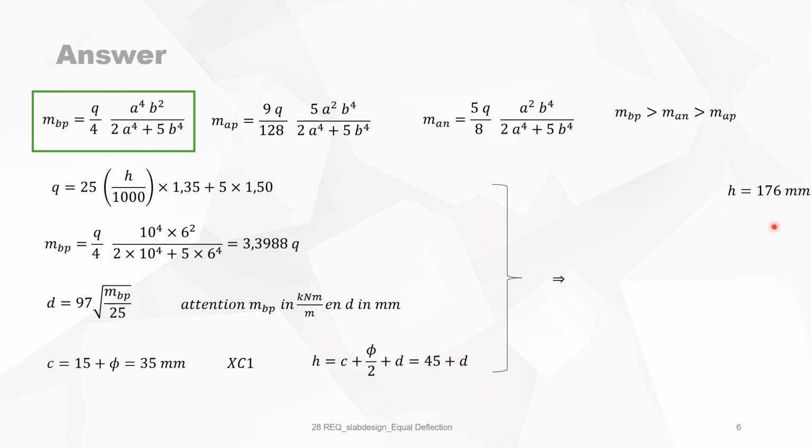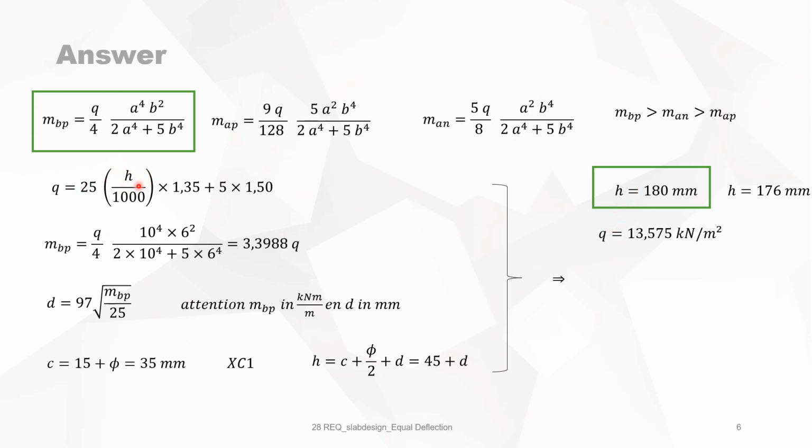Of course, we will round it off. We will use 180 millimeters, sorry, not 175, because 175 will not fulfill all requirements. So as from 176, those four expressions are okay. So we take H is 180 millimeters.